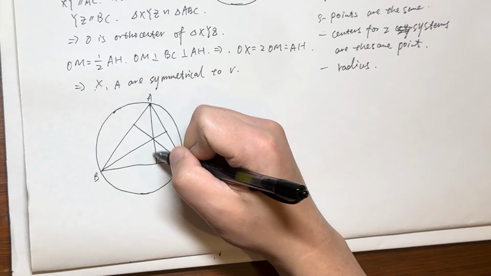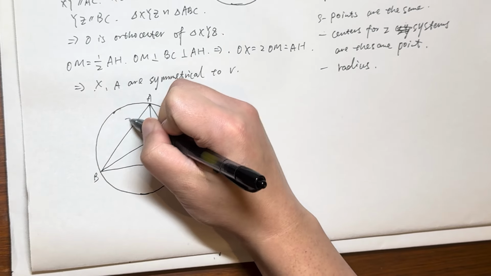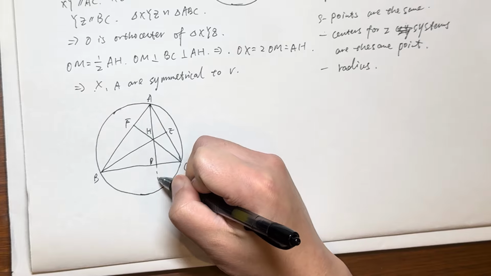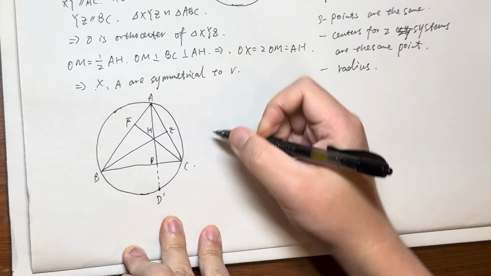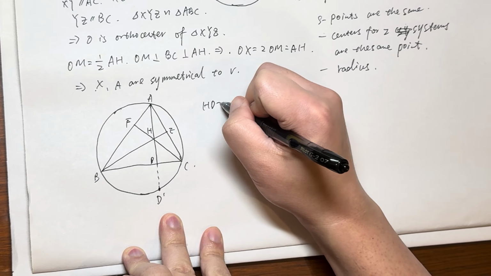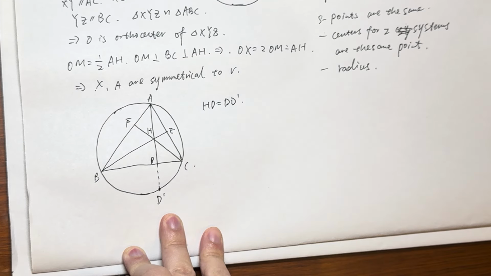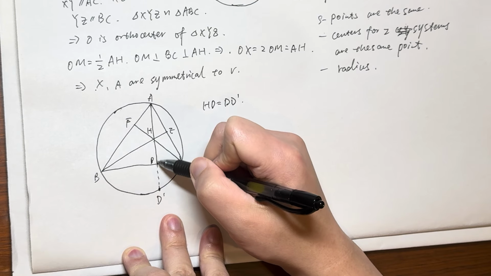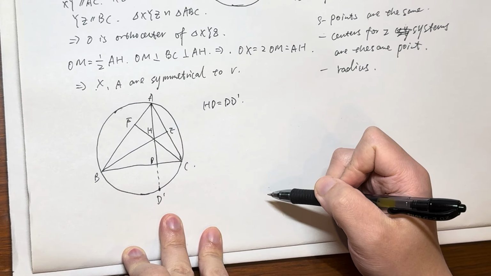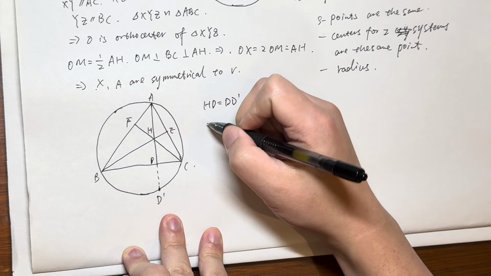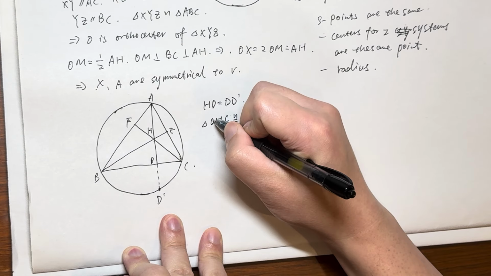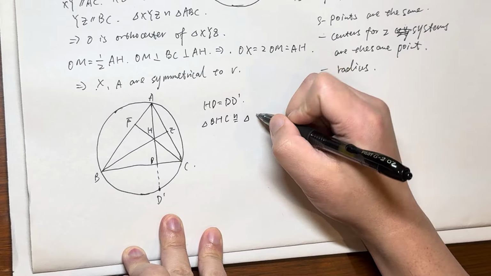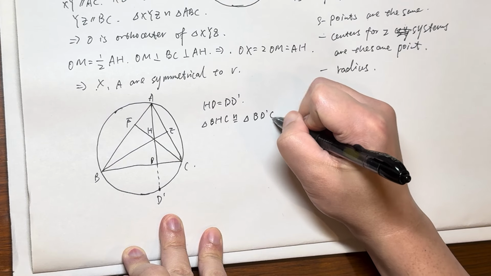And if we extend it to this point, let's call it D prime, then we proved that HD equals DD prime, right? This distance equals this distance. And we also proved that triangle BHC is congruent to triangle BD prime C.